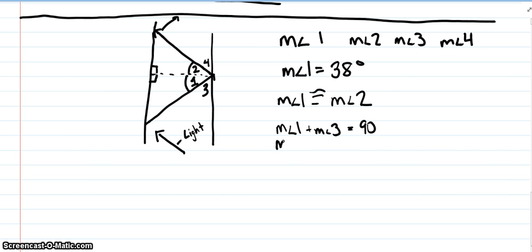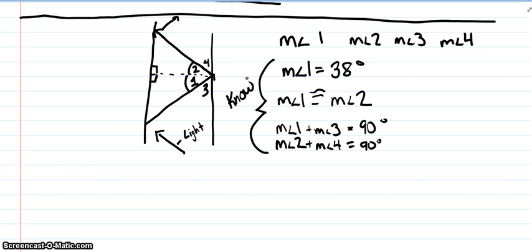And so the measure of angle 2 plus the measure of angle 4 is going to be 90 as well. So with this information, this is what we know. And we knew that before we even started solving anything. That was all in the problem that you would have read. So let's start making our plan and start solving.